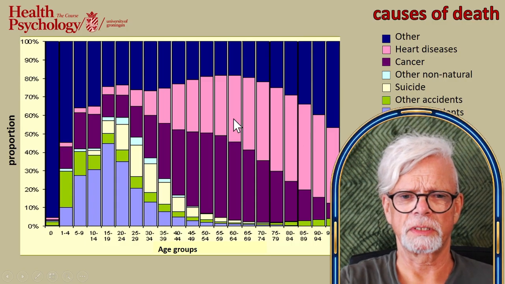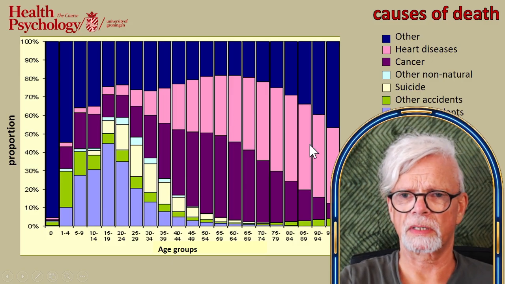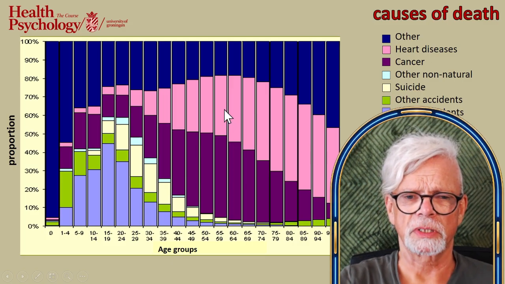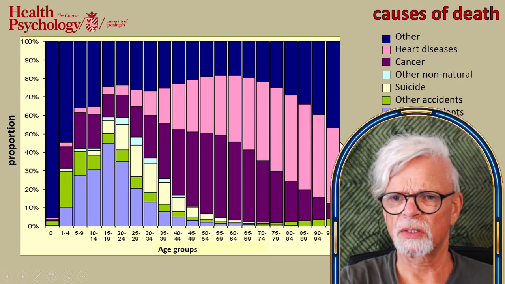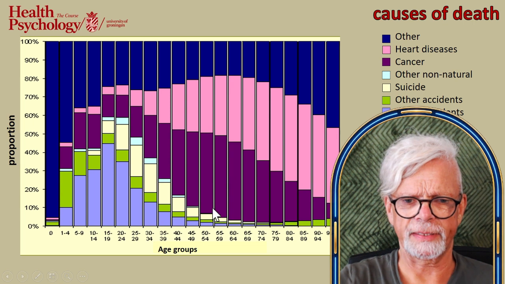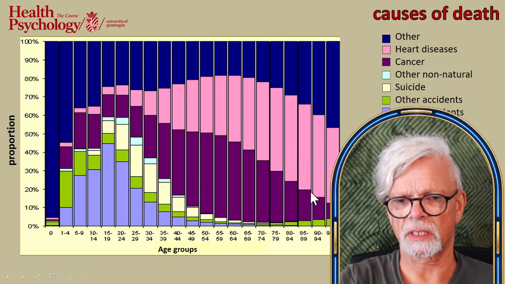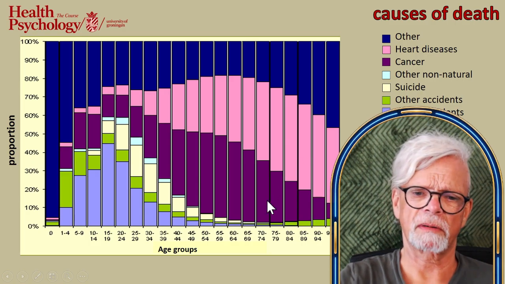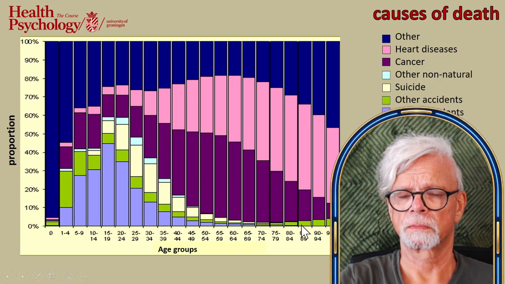And then we see here that those are proportions of course, also that the heart diseases increase the number of people who die from heart diseases. And then you see, interesting, that for cancer, when you're 90, let's say 80 plus, then the chances to die from cancer are lowered.